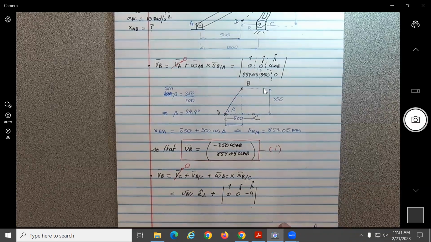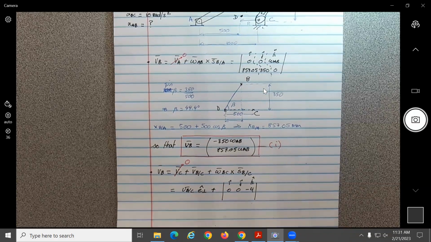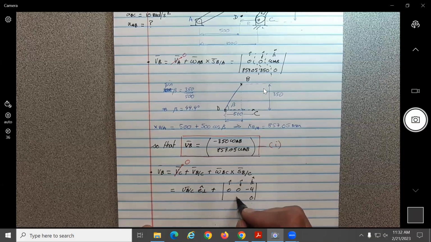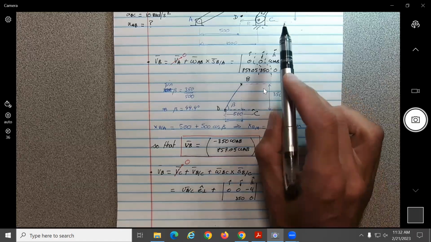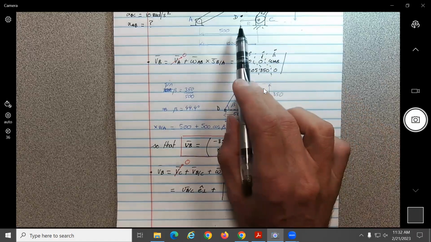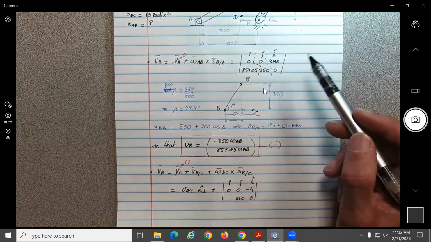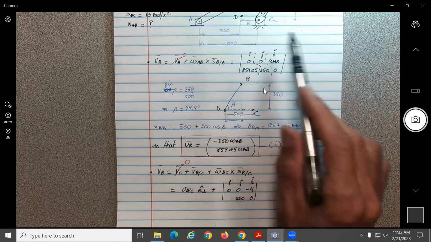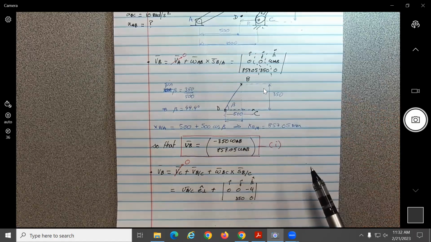I'm not using enough space, so it's going to be crowded. And next, what is the position of B with respect to C? So we know the height. So that distance should be equal to what? Basically 1,000 minus what we had before, no?